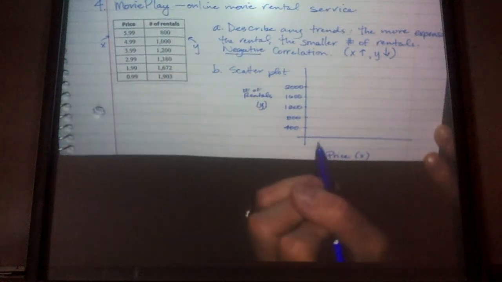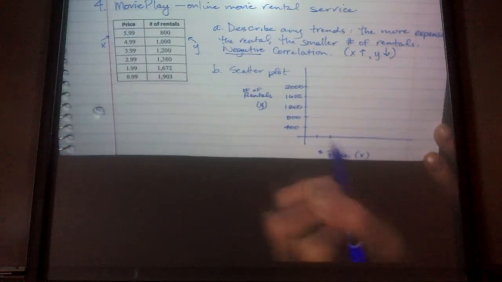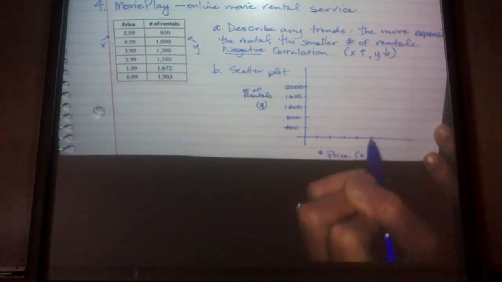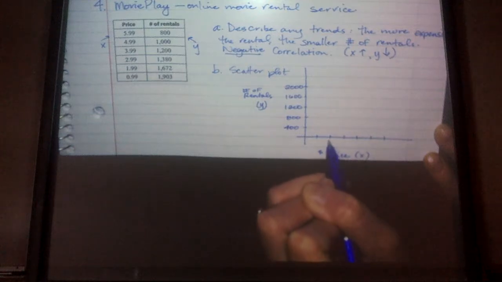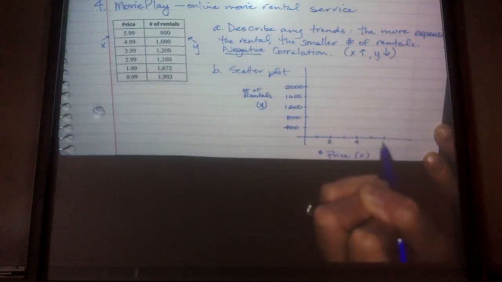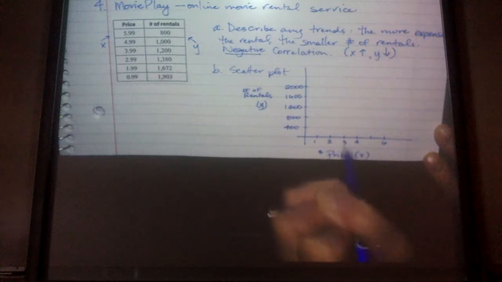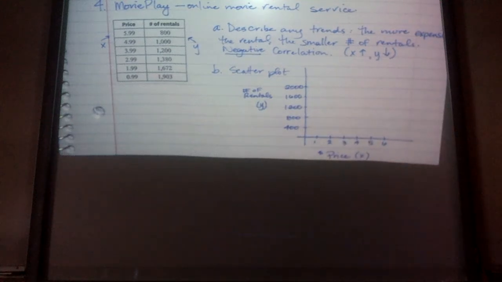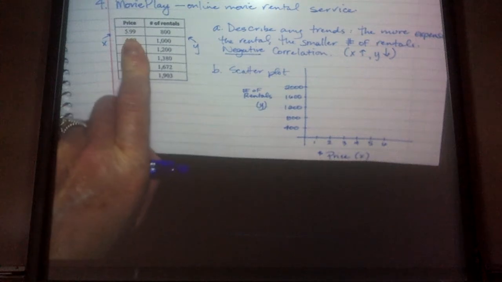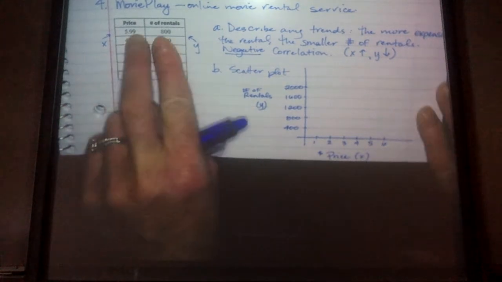Sorry, I'll move that up. And so I'm going to round. I'm going to just make 6 of them: 1, 2, 3, 4, 5, 6. So this is 2, 4, 6. Now, when I plot these points, I'm going to round, I hope you don't mind, like $5.99. I'm just going to plot that as 6. So I'm going to start at the top.